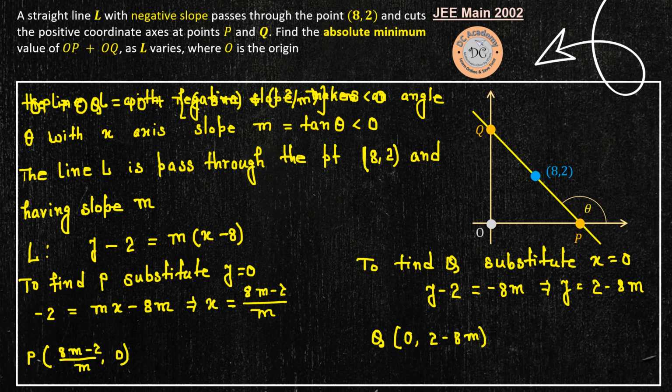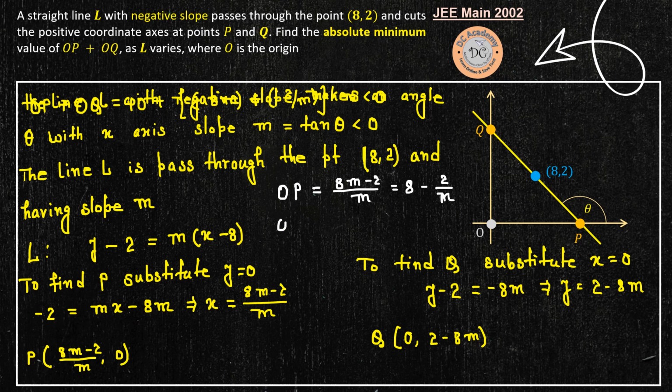So here, by normal observation, as OP and OQ are given, OP is equal to (2m minus 8) divided by m, which can be written as 2 minus 8 by m.